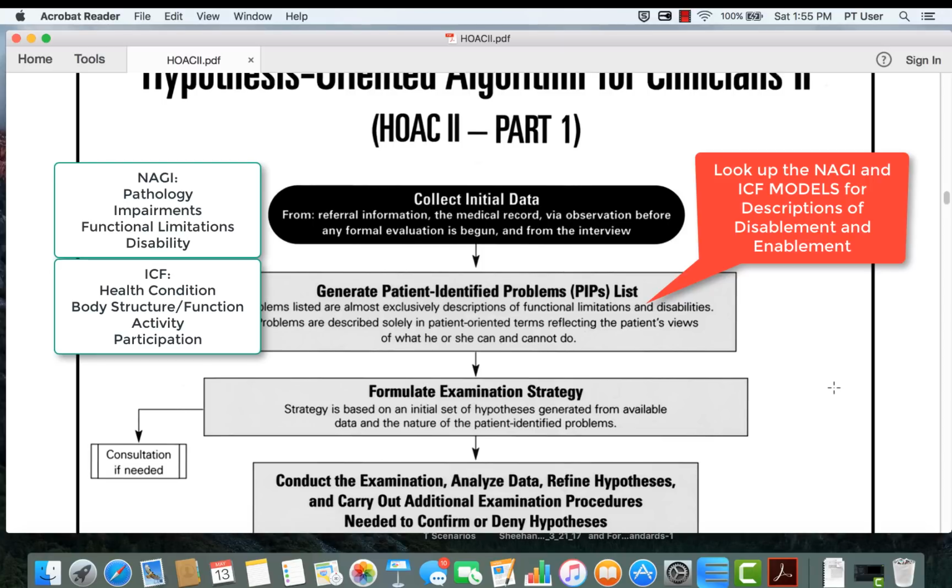A functional limitation is the inability to walk, the inability to get out of a chair, the inability to complete a particular task, as opposed to an impairment, which might be a loss of range of motion, weakness, pain. Those would be impairments.